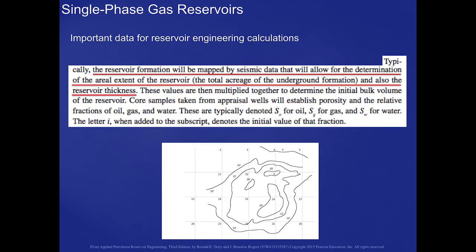But getting the seismic data will allow us to map out the extent of the reservoir, the boundaries of the reservoir, and also the thickness in the various locations, as you can see on this slide. This is a fairly typical diagram that one would generate from seismic information. Once we have the areal extent and the thickness of the reservoir, then we simply multiply those values together to give us an initial estimate of the bulk volume of the reservoir itself.